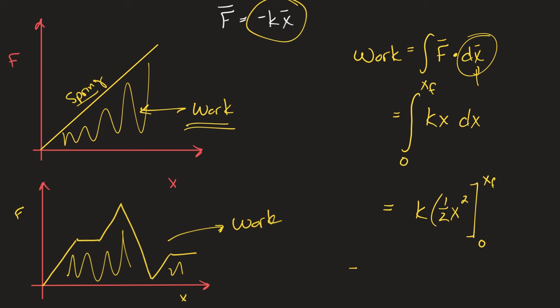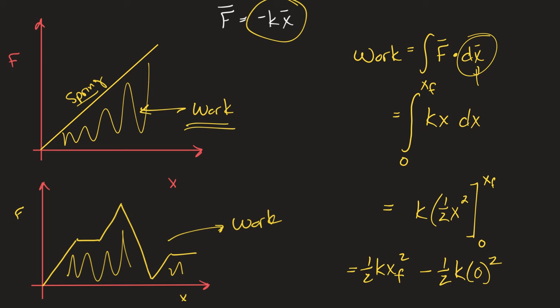The second step just means to put in my limits, which means put this in for the variable first, and then subtract putting this in for the variable. That's all it means to put in your limits. So I will put in the first limit, 1/2 kx final squared. Just reorganizing it a little bit. And I'll put in the next limit, 1/2 k times 0 squared.